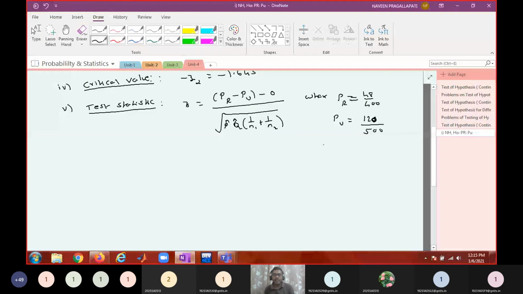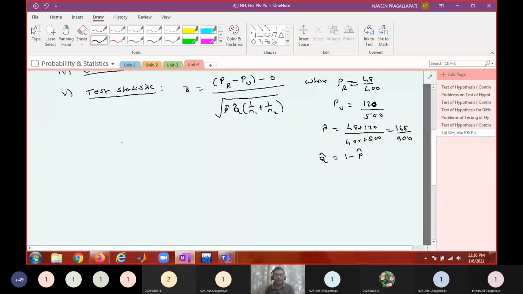Okay, pooled proportion: 48 plus 120 by 400 plus 500, equal to 168 by 900. Q cap equals 1 minus P cap. So substitute all these values and please compute Z.